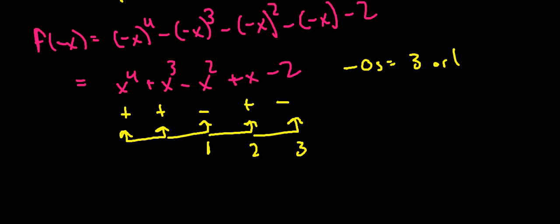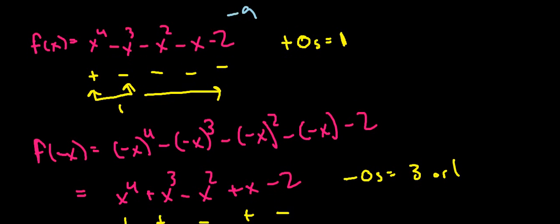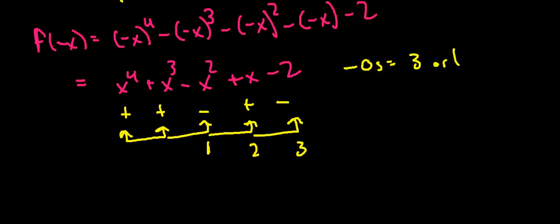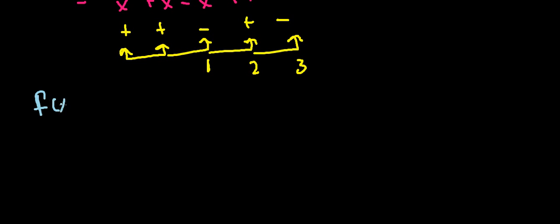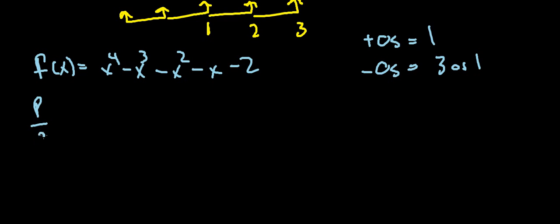Now we should start doing synthetic division. So we'll just start doing the positive ones. So let's rewrite our equation. F of x is equal to x to the fourth minus x cubed minus x squared minus x minus 2. So actually let's write over here what our zero possibilities are. So positive zeros are 1, negative zeros 3 or 1. So let's find our p over q.